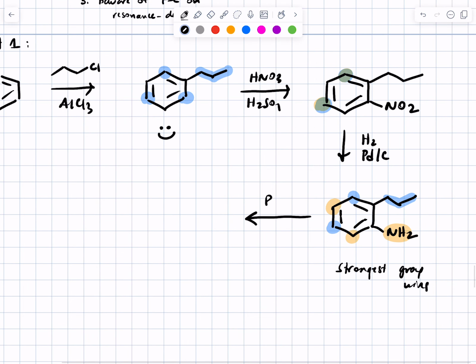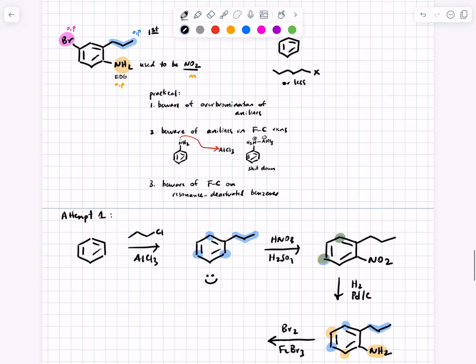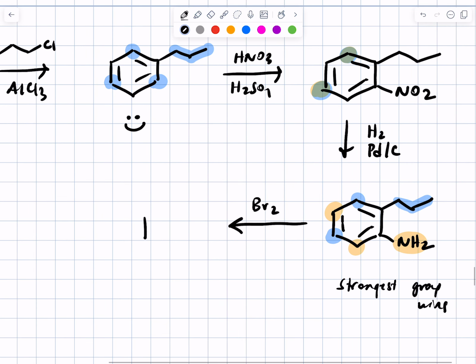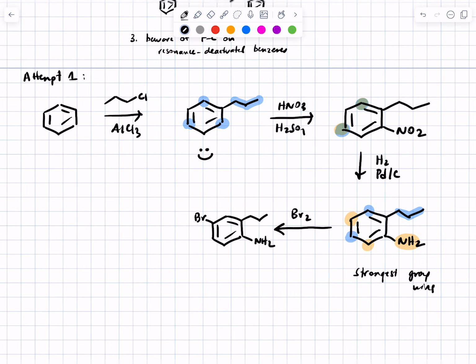So then I can do the bromination reaction. Should I do this? Probably not, because beware of overbromination of anilines. So I could simply leave out the Lewis acid catalyst. And that would give me that desired product.